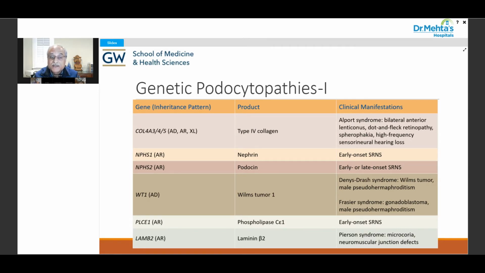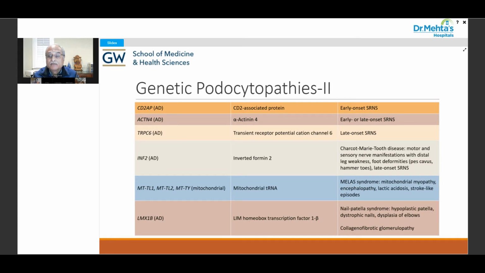But these are the 6 types of genetic podocytopathies you have to care about, you have to look for in patients who might be presenting to you. Beyond that, there are many others. These are far less common, much more common in adults than in children. And I will not go through any of those.